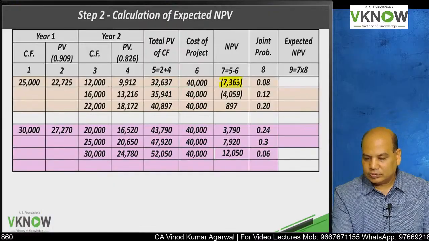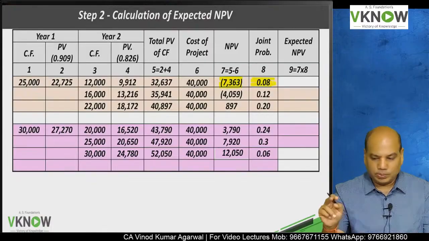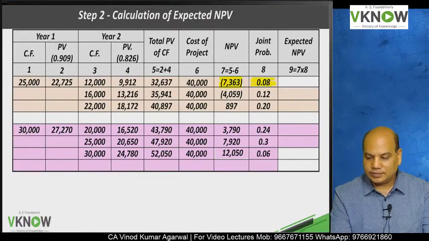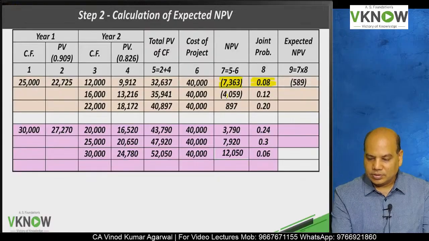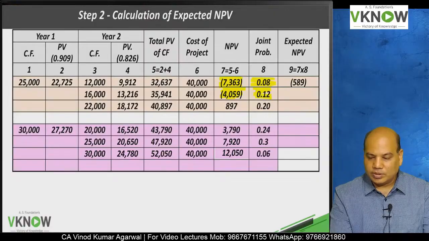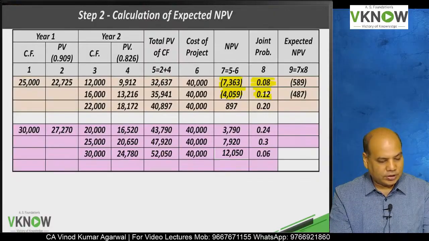This into this equal to memory minus, because it is negative, write the number. This into this equal to memory minus 487.